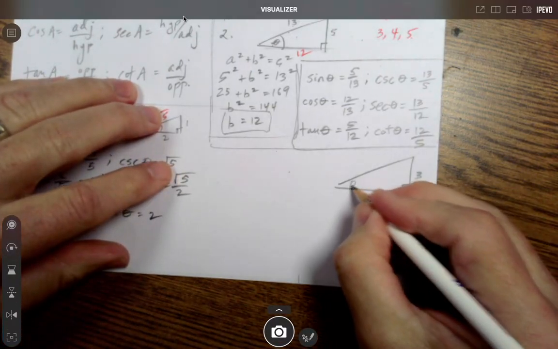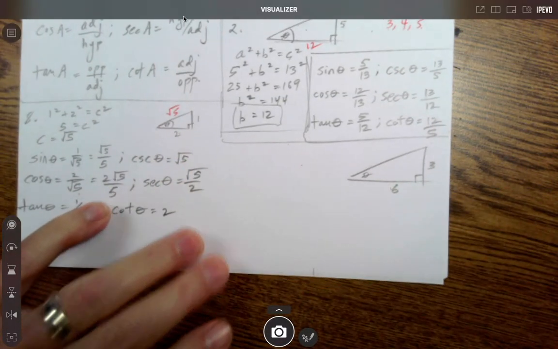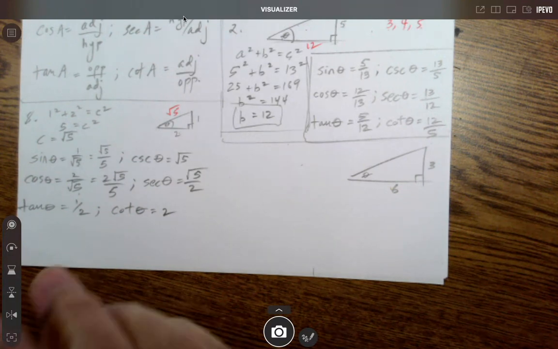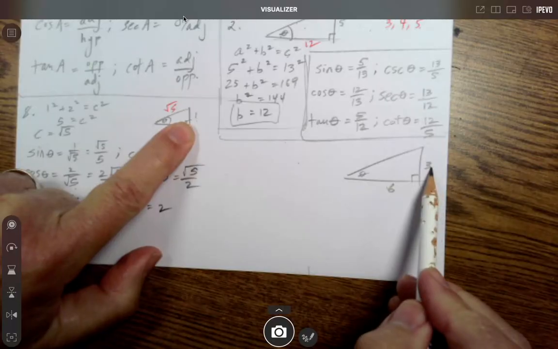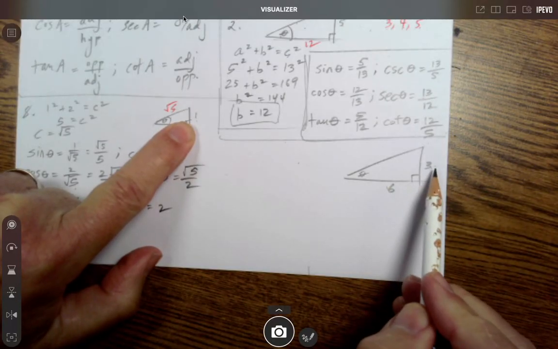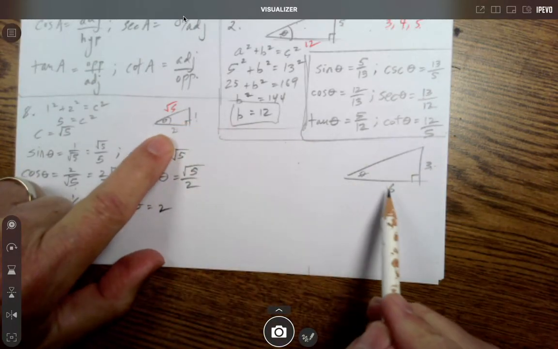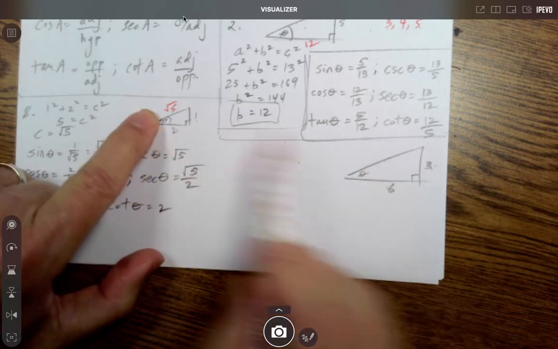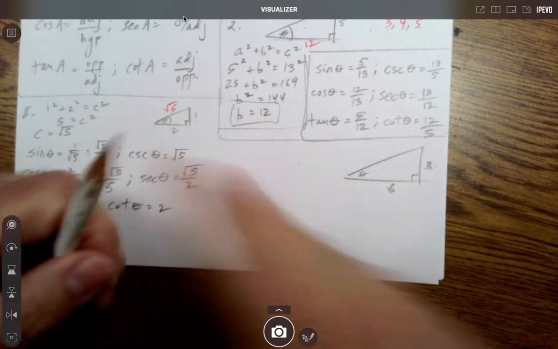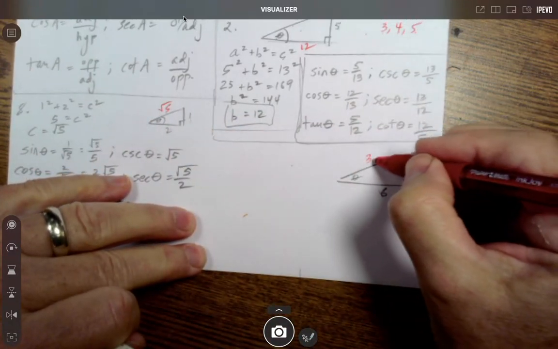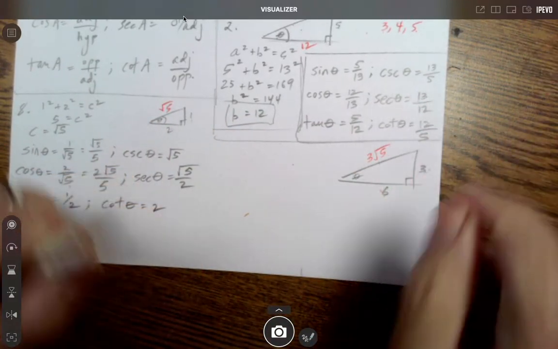All right, so there's theta. So this is triple that, right? Sorry, 3 is triple 1. 6 is triple 2. So this is going to be triple that. So it's just going to be 3 times that. So that's 3 square root of 5.